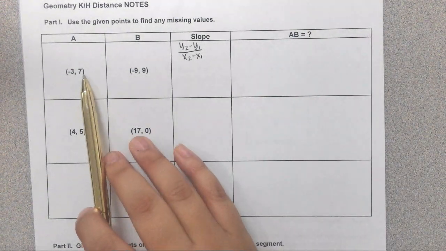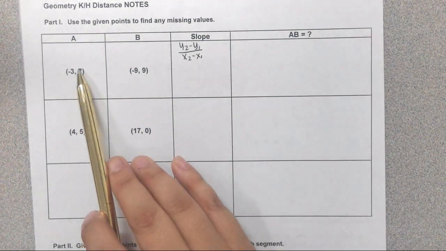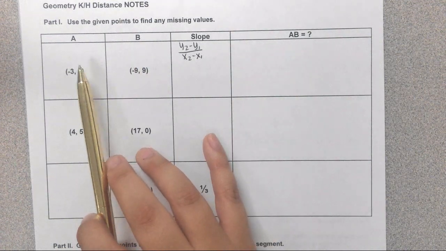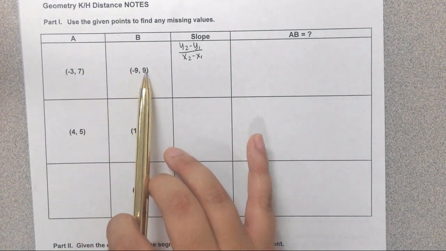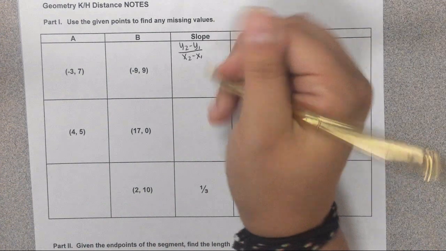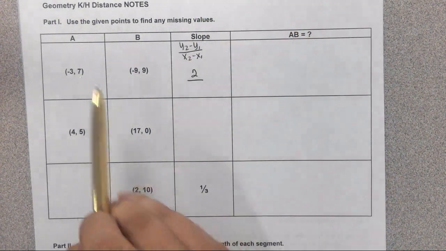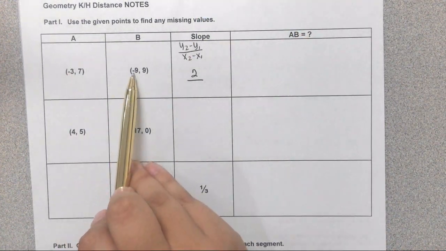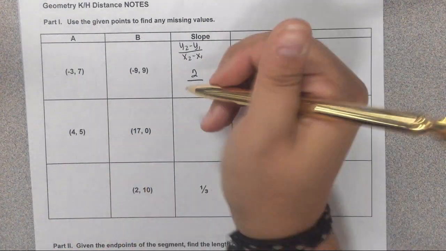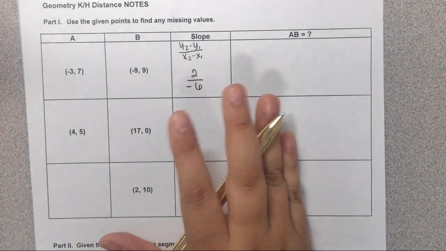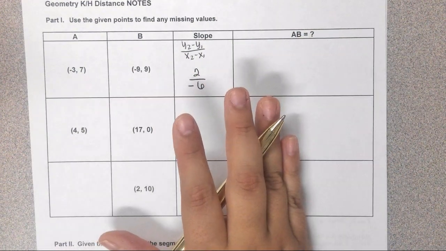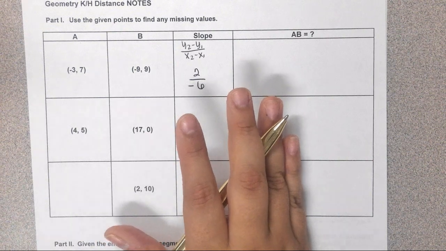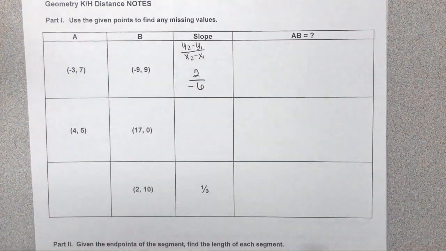Or you could use a calculator, but I'm going to tell you right now, not in K-level like that. How do you go from 7 to 9? Plus 2. How do you go from negative 3 to negative 9? Minus 6. And that's all I want you to do. You don't have to do anything further than that. I'm going to show you why I had you do this in a second.